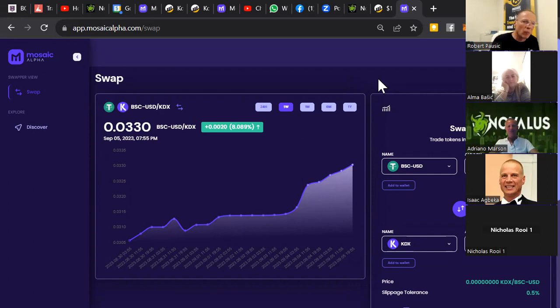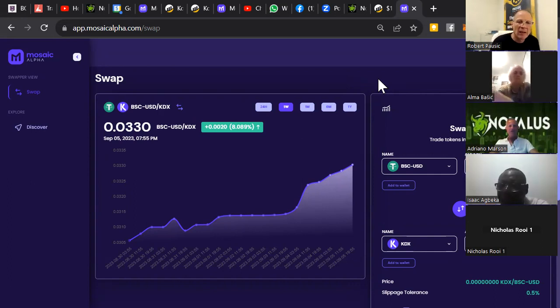This is an open exchange. Everybody can join, everybody can buy. Nobody can take the liquidity out. Only liquidity providers, owners of the liquidity token, can take out the liquidity from this pool.